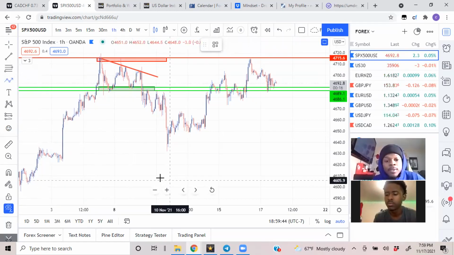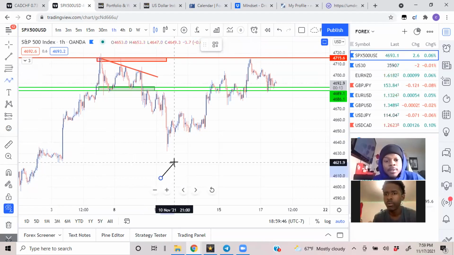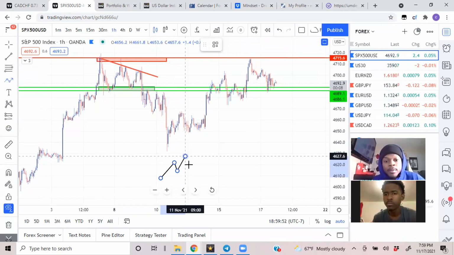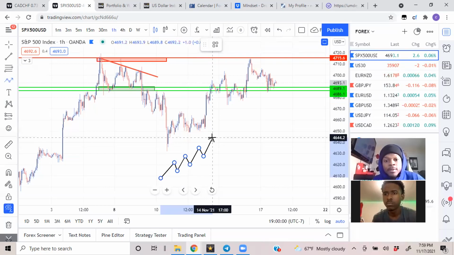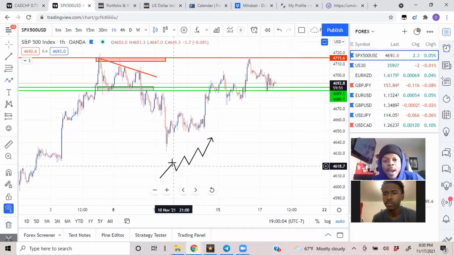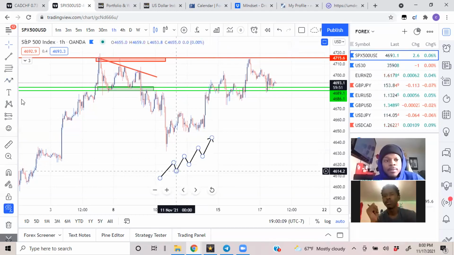It's not like the market was going like this. Boom, boom, boom, boom, boom, boom, boom. It's not like the market was creating higher highs and also higher lows.